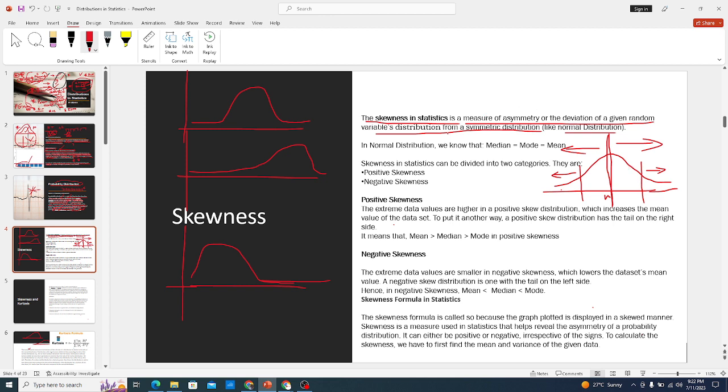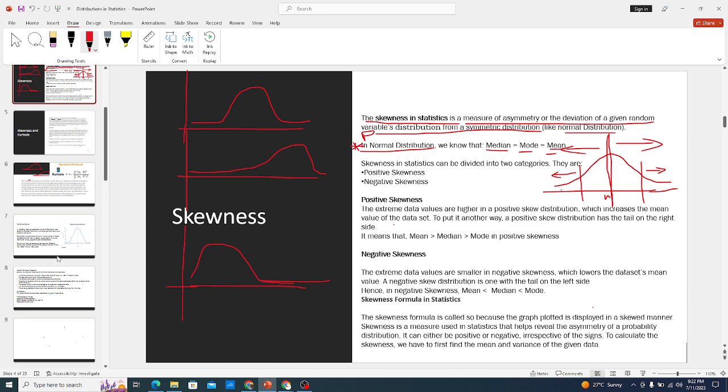In a perfect or standard normal distribution, we know that median is equal to mode is equal to mean. This is one of the properties of normal distribution, which we shall come to see.